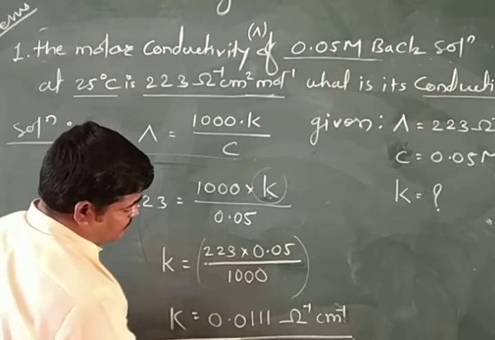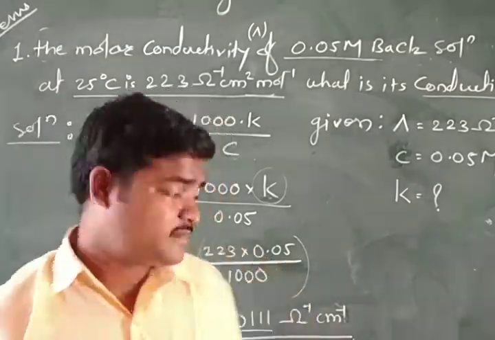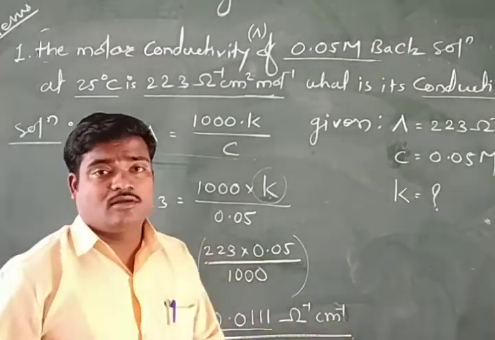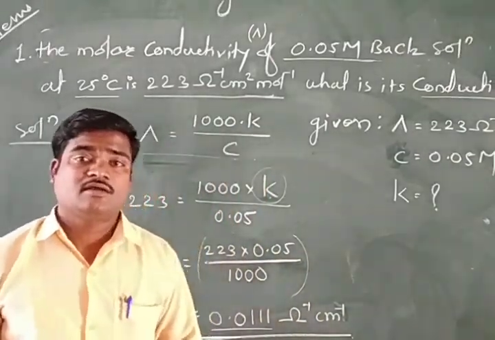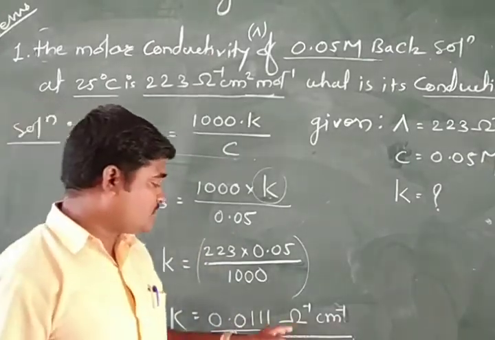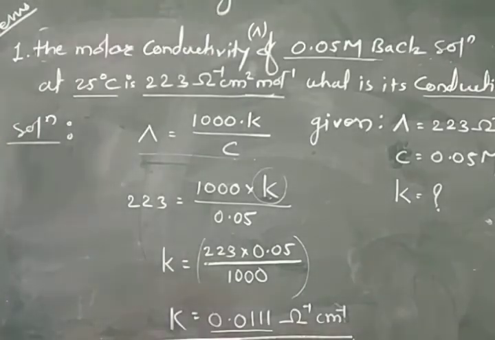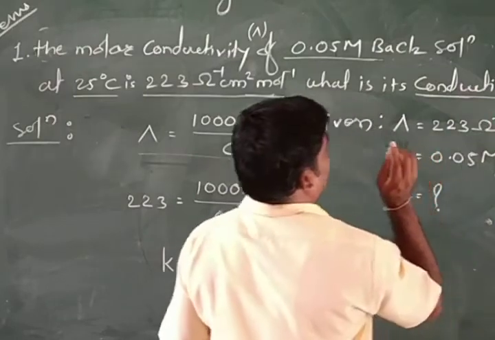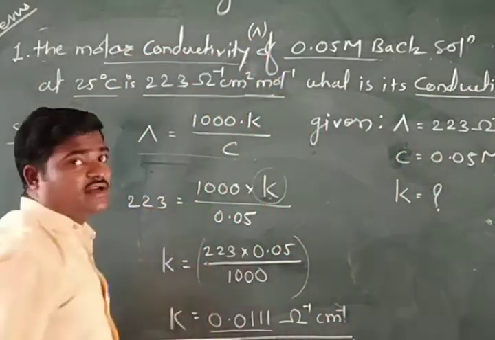After that you have to write its value, and after the decimal point you have to go for 4 digits. This is the proper answer that they will ask in your board examination, so all of you should remember this point. So this is the method of calculating conductivity from the value of molar conductivity.